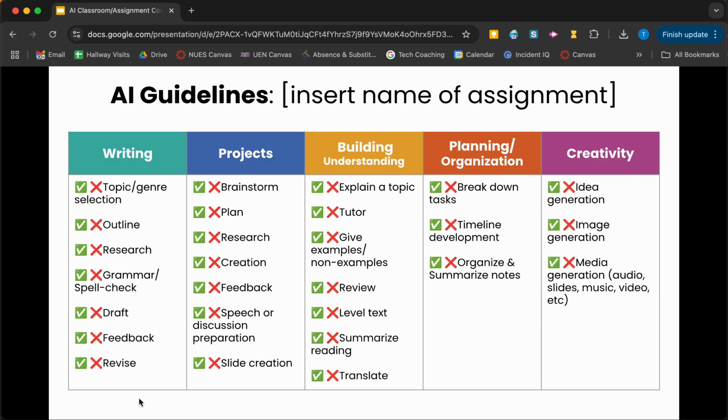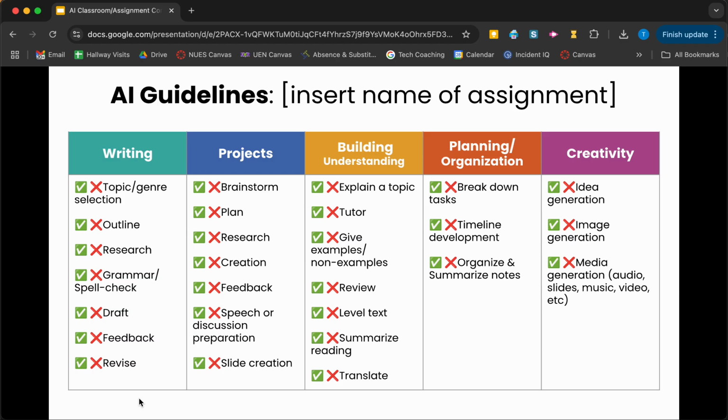But when we get down to the grammar spell check, they don't want them using it, because that would get in the way of the student learning that grammar piece. I thought that was an interesting way to dissect the purpose of the assignment and how AI could either help or hinder the learning as the student navigates it.